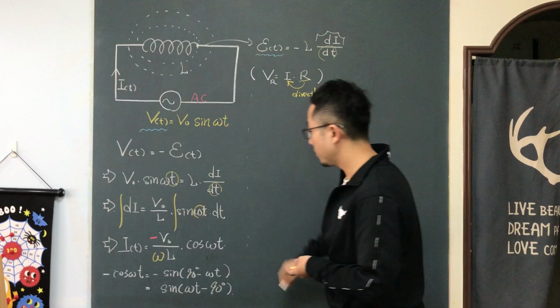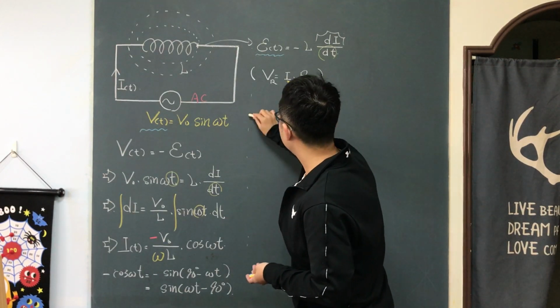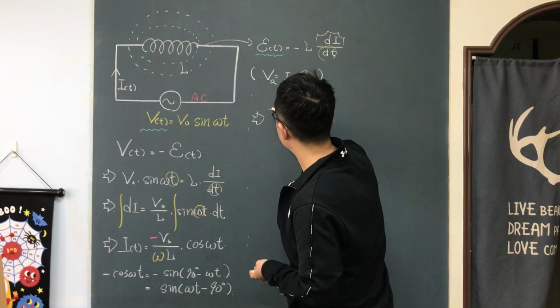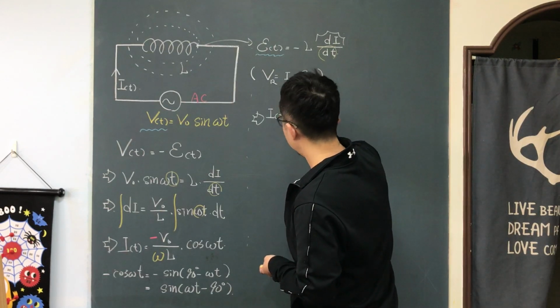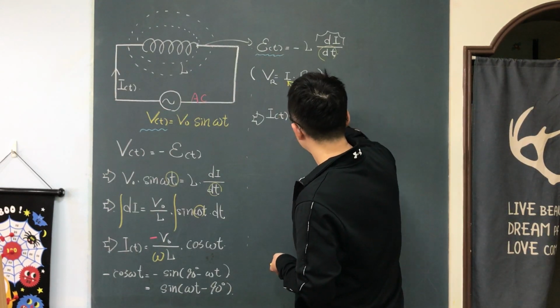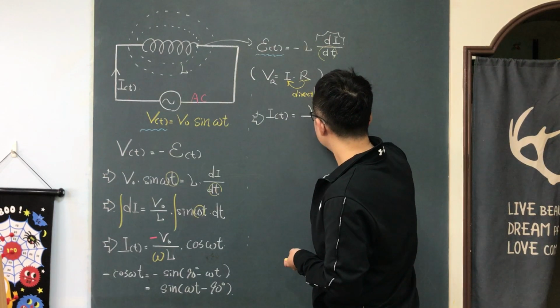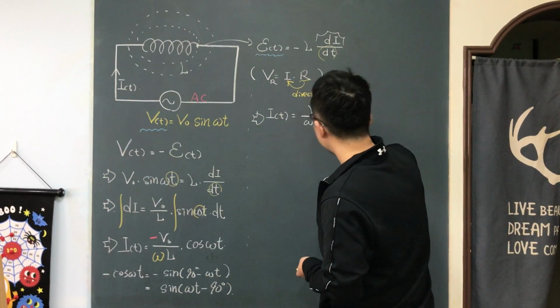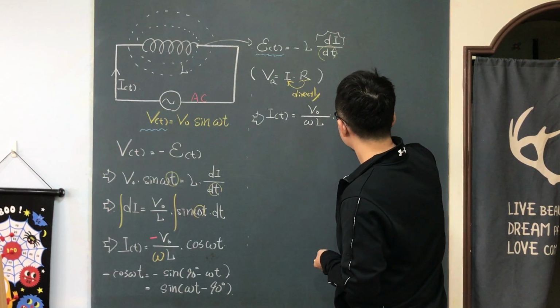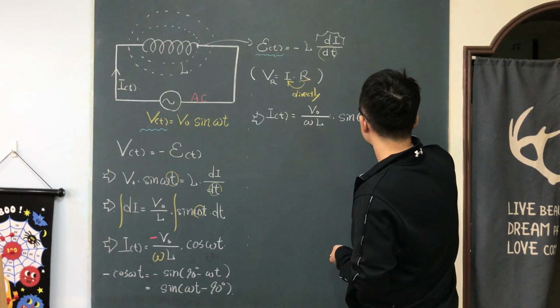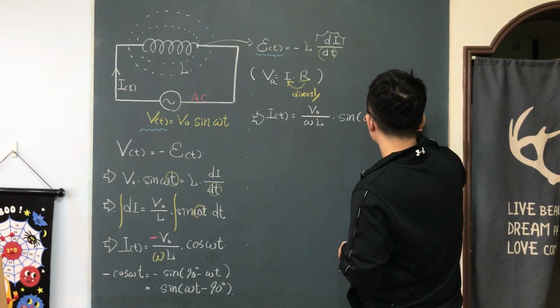So we can rewrite I as a function of time as V naught divided by omega L times sine of omega t minus 90 degrees.